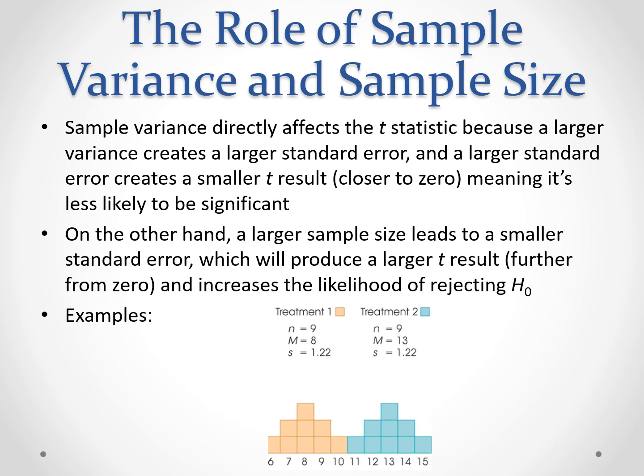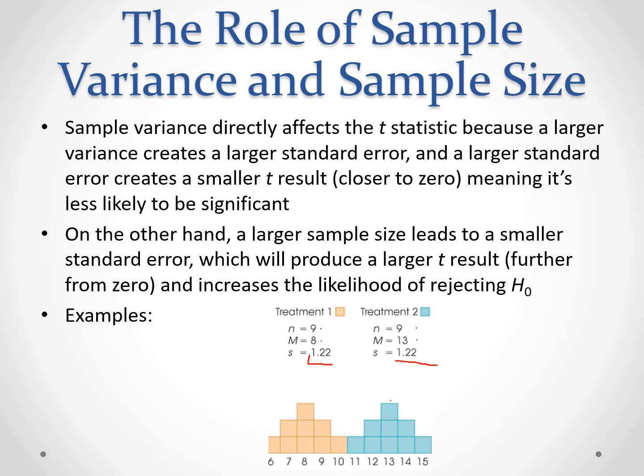Here's 2 examples. So in this first example, I have the same sample size, 9 and 9, and I have a mean of 8, and then in treatment 2, I have a mean of 13. And I have the same variance in each case. So I can clearly see a difference from treatment 1 to treatment 2.